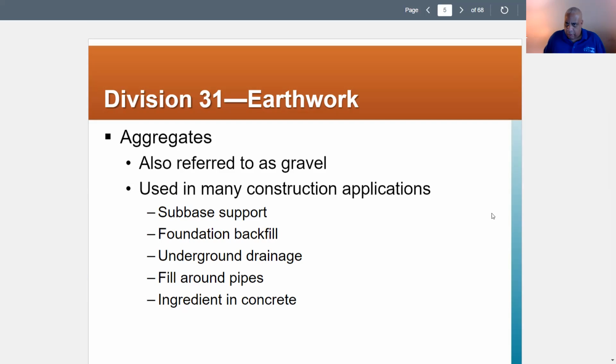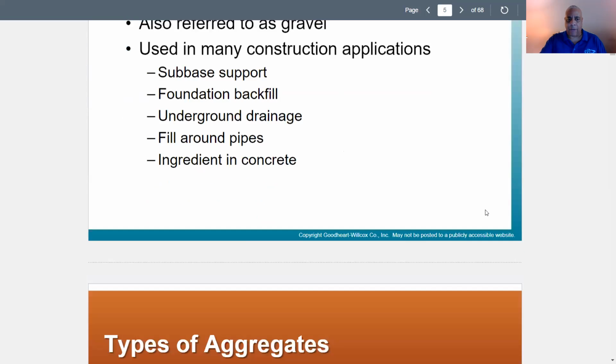When you place pipe, you also place fill around pipes, compact it, and then you actually place soil on top of the pipe. Sometimes you utilize filter cloth as well. And also, when it comes to aggregates, they're great ingredients inside of concrete.